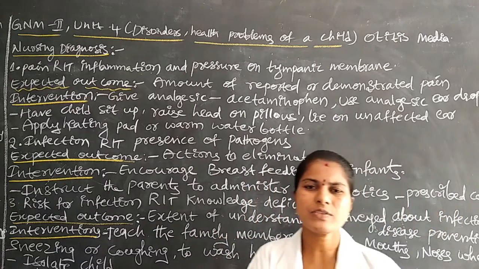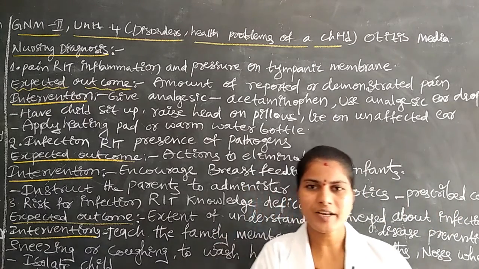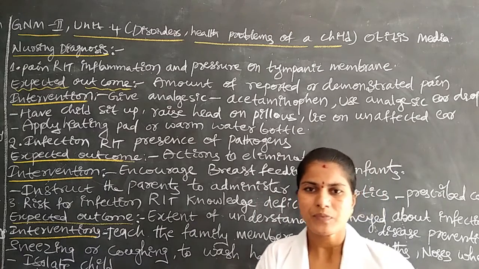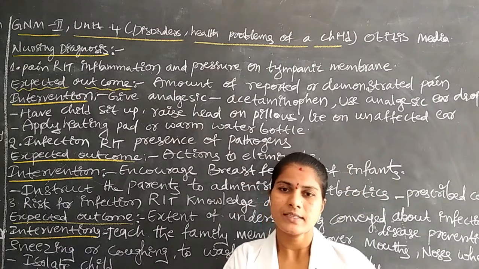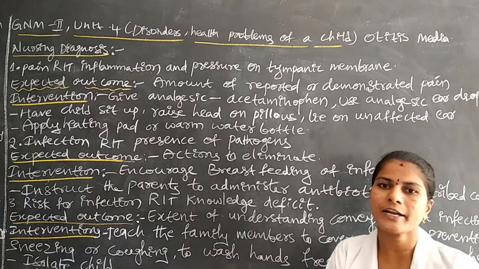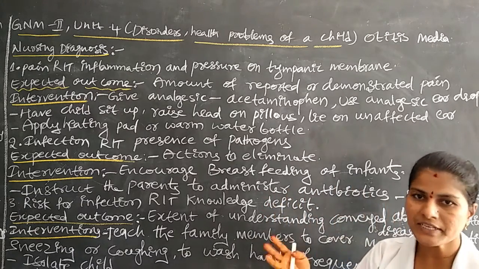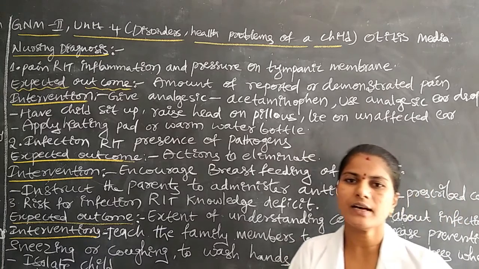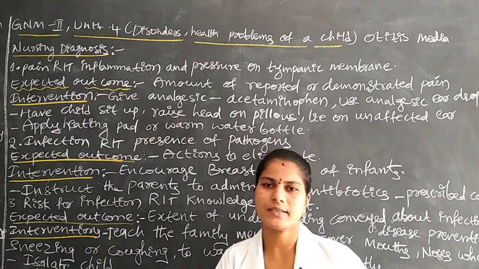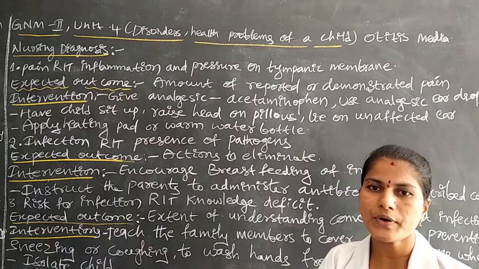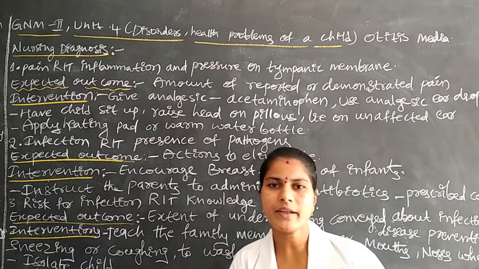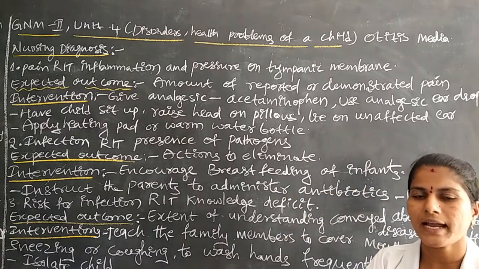What is the use of immunity power? The antigen-antibody reaction will be done: the antigens will be killed, and the antibodies will increase in number to tolerate that infection, as the child has good nutrition. That is why we encourage the mother to give breastfeeding to the child.